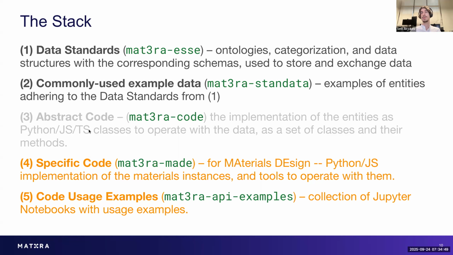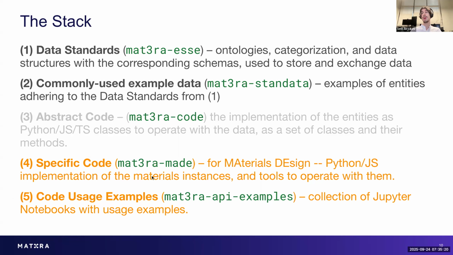Third step is the abstract code housed in Mat3ra code package. It has all the necessary implementations for Python and JavaScript runtime to make the package available. We're not going to go into details today. It's used internally, but it's open source, so you can check it. Then the next one is a specific code, which is Mat3ra made package.